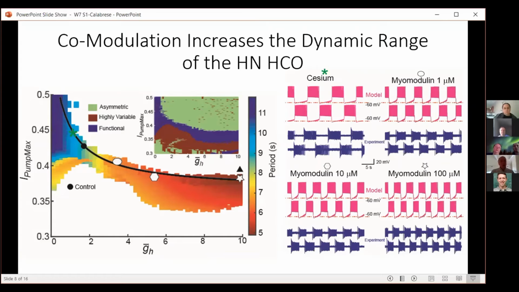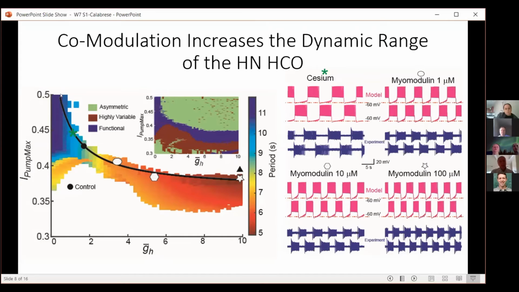And so if you wanted to modulate this period, you started at a particular pump level, you would get a very limited range of periods you could change just with H. Similarly, if you want to change period by changing the pump, you would have a limited range.